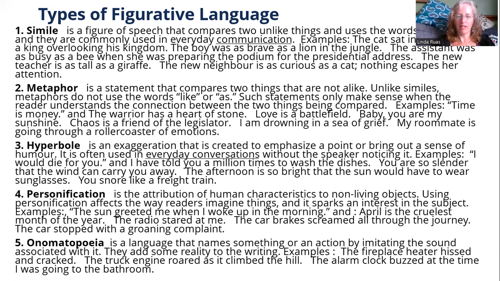And the last one, number 5, onomatopoeia, is something that names something or an action by imitating the sound associated with it. The fireplace heater hissed and cracked. The alarm clock buzzed at the time. So these are 5 different features. If you can find some like this in the book that you're reading for your presentation, then please give a few examples.